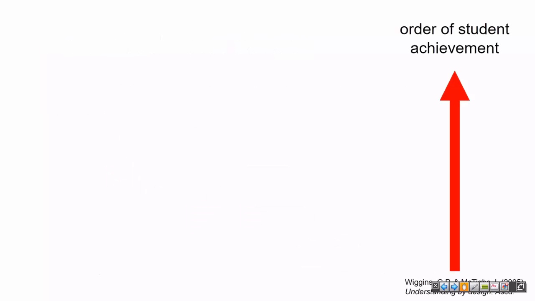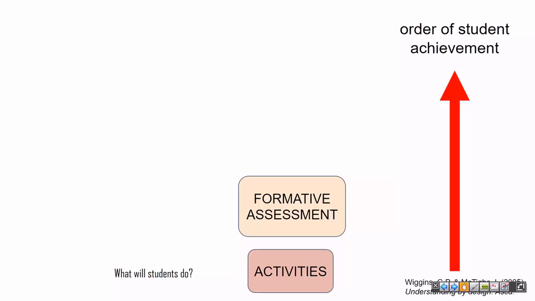And so now we're going to take a more detailed look. So first we're going to show you the student's perspective. So order of student achievement, this is the order they're introducing and interacting with these elements. So first we have the lesson, or activity. But it can take many forms, and this is just what the students do. Building upon that are a couple of assessments, but first we have formative.